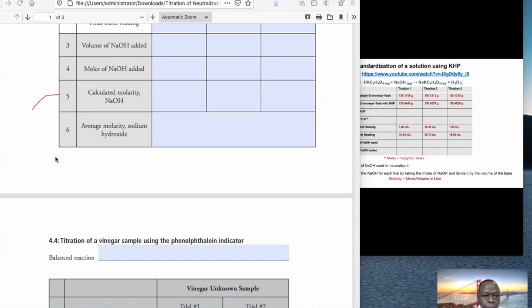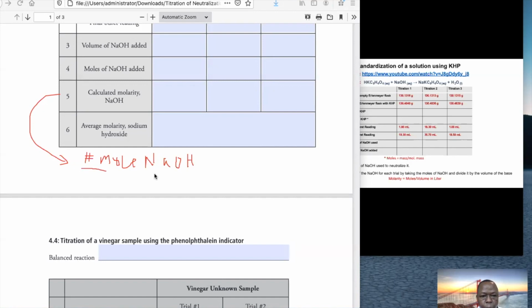This right here, line 5: molarity is given by the number of moles of NaOH over, you have to change the volume to liters.